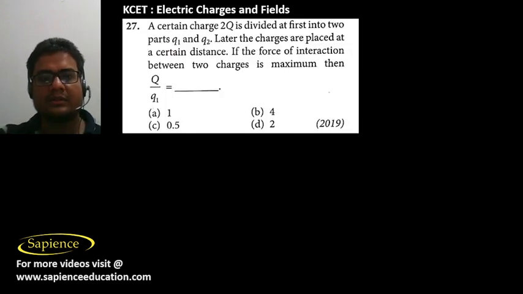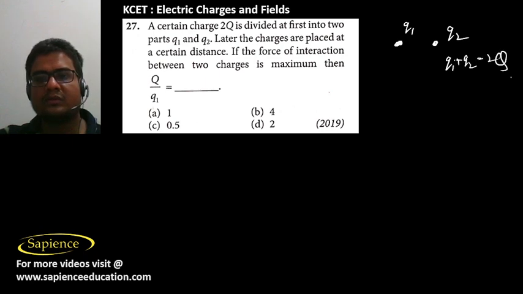Then it is told that a certain charge 2q is divided into two parts q1 and q2. That q1 plus q2 is equal to 2q. Later the charges are placed at a certain distance d between them.